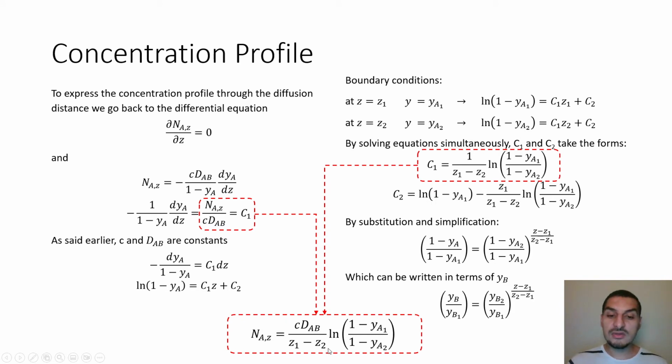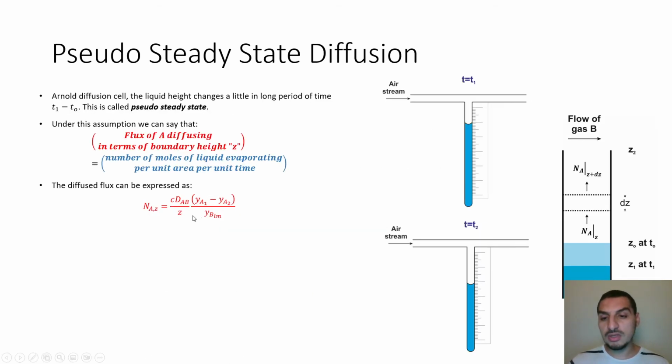In this case, I cannot consider Z1 minus Z2 to be a constant value, so we will put, instead of Z1 and Z2, just Z, which is the diffusion height. This is the main difference. I'm keeping this as a variable because I have variable height, so I cannot put a constant value. So this is one very important point here. The rest of the equation is the same, it's just the Z.